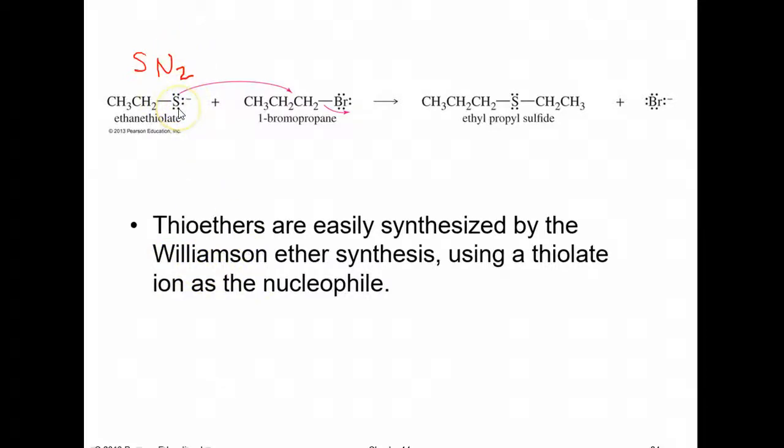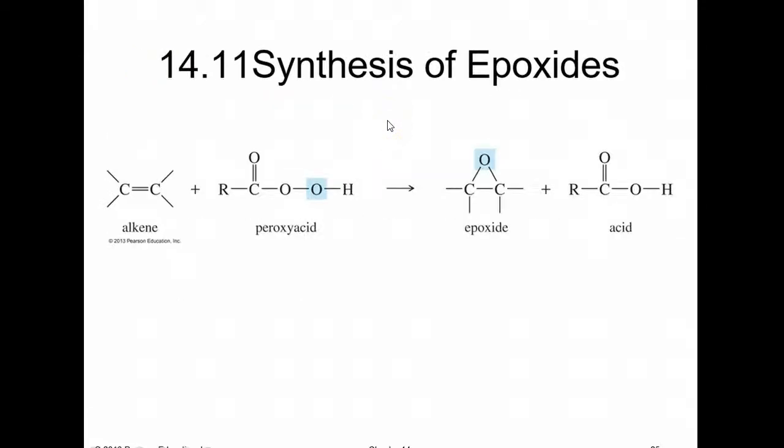The thiolate ion, this is called a thiolate, does a backside attack and kicks out your bromine. All right, and we're going to stop here, and we'll do the next video on a different one.